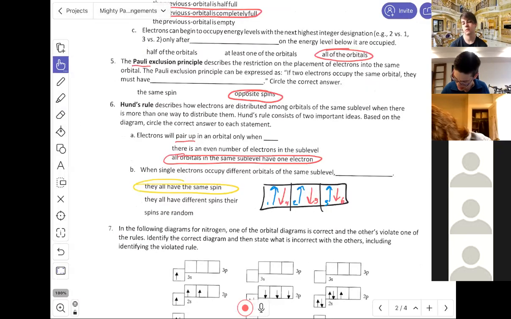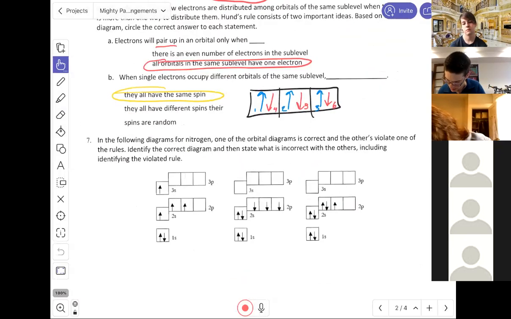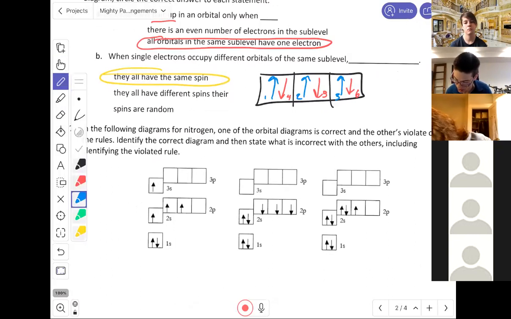So let's look at this bottom set of diagrams. Only one of these looks right, and the other two look wrong. This is supposed to be for nitrogen. So the very first thing you should think about is, if I were nitrogen, how many arrows or electrons should I have?